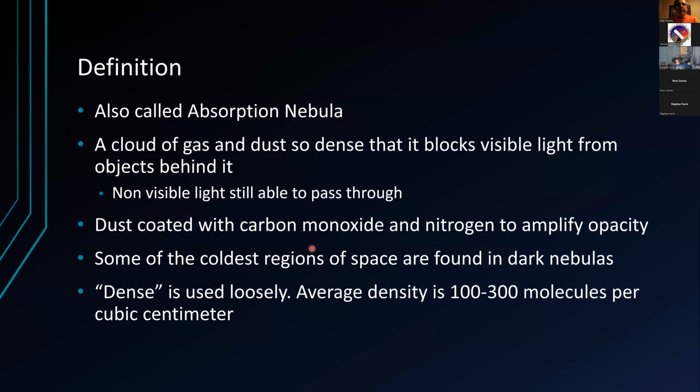Yes, Pete. Kind of going back to the second statement there, as far as the absorption or dark nebula blocking most of the visible light, do they still block a certain amount of the radiation at the other wavelengths? For instance, are they still blocking some of that infrared, even though some of it's getting through?